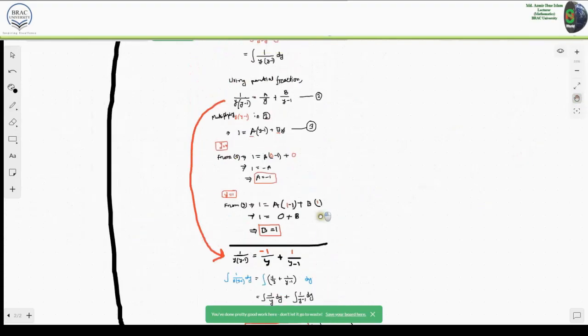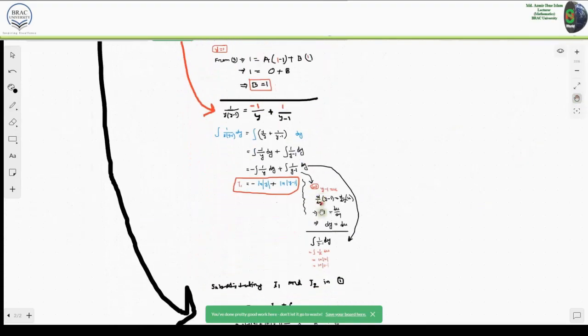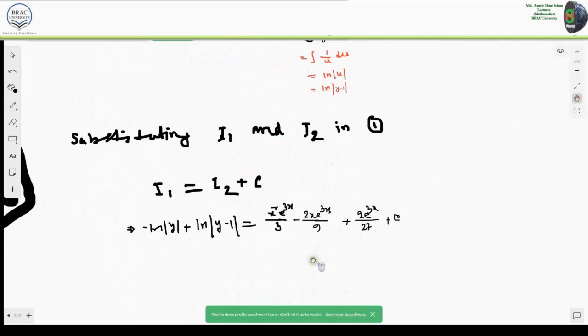So this is our general solution, where we have a constant c.